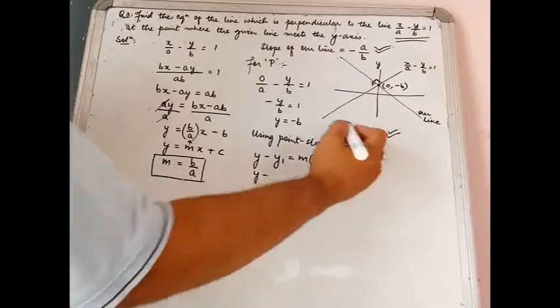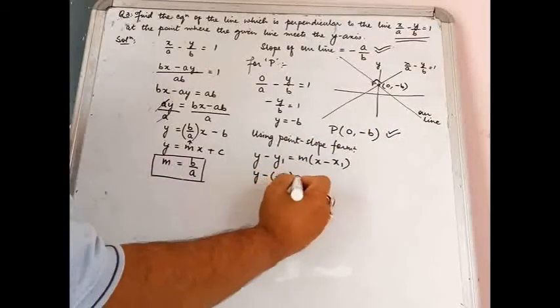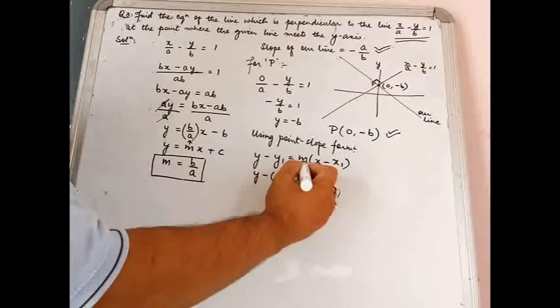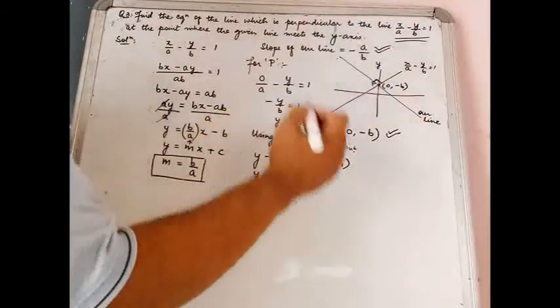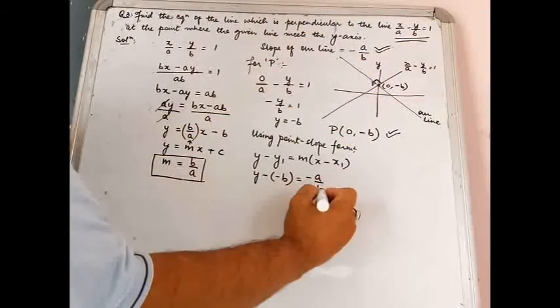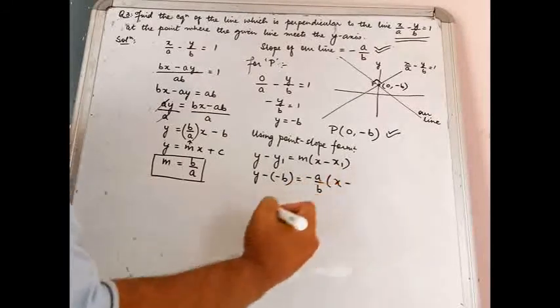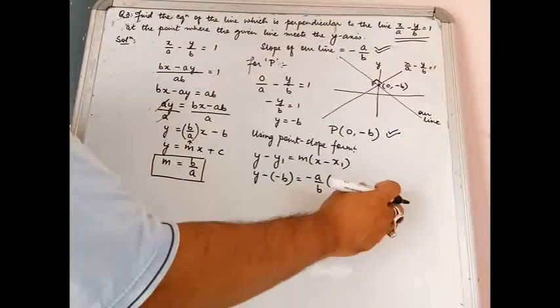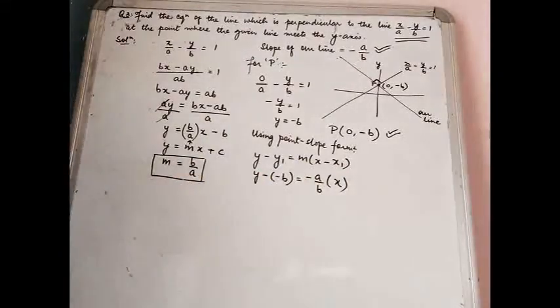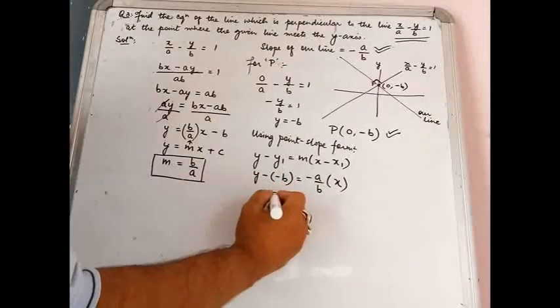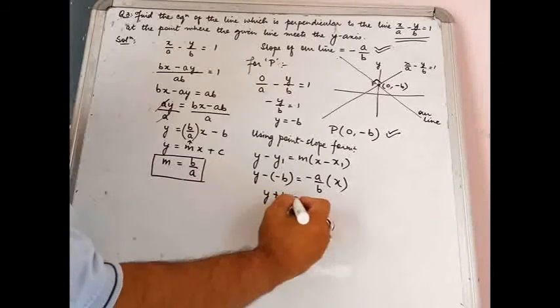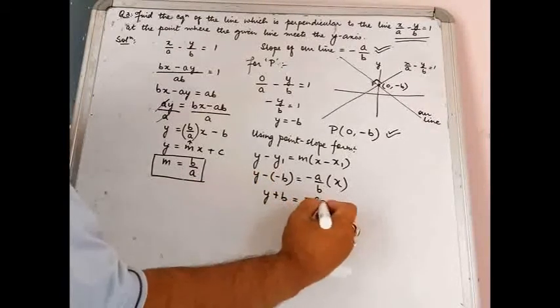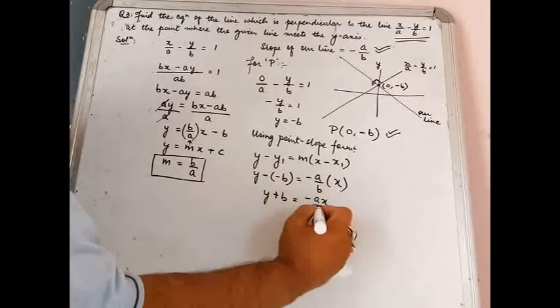This is my y1, so y1 is minus b, equal to m, the slope of our line, which is minus a upon b, times x minus x1. x1 is 0, so you don't have to do anything there. y minus of minus b will be y plus b equal to minus ax upon b.